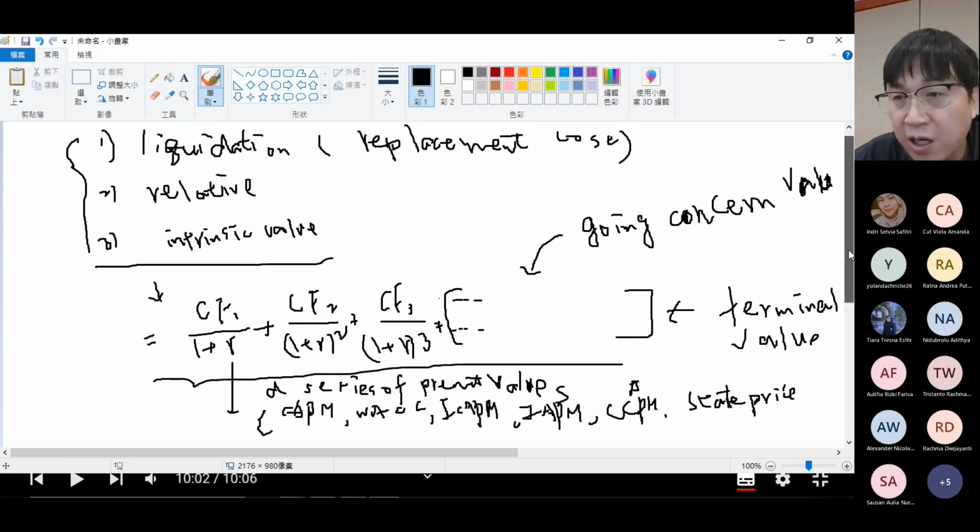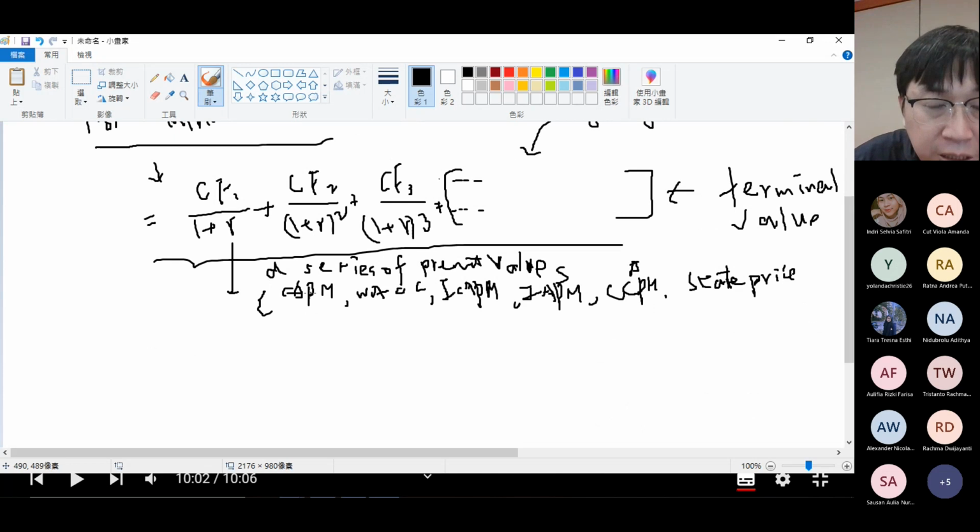So there are many kinds of models to be used to determine the R.